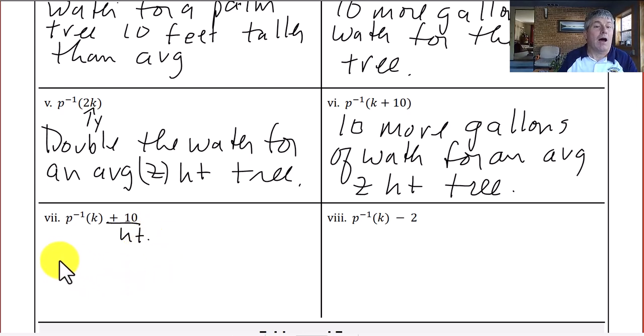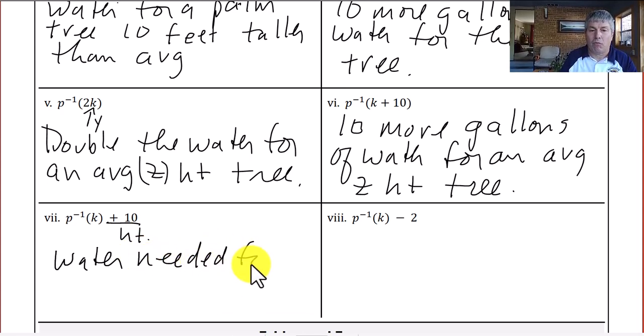So a 10-foot taller tree is going to take the average amount of water. Okay, so we could say the water needed for a tree 10 feet taller than the average.